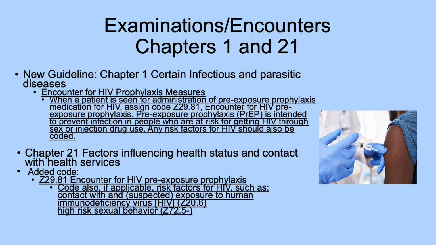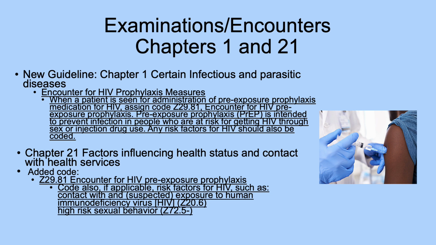A code was also added for encounters for HIV pre-exposure prophylaxis, so preventative care. In the guidelines it says when a patient is seen for administration of pre-exposure prophylactic medication for HIV, assign code Z29.81. This is intended to prevent infection in people who are at risk for getting HIV through sex or injection.